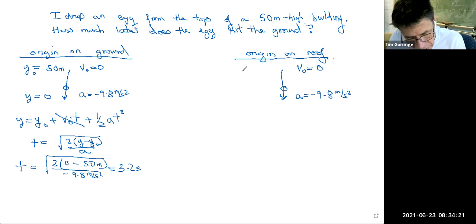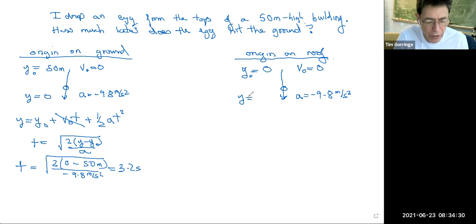Now this time, I'm going to call the rooftop the origin, so y0 equals 0, and then y, the final location, the ground, will be minus 50 meters. If the rooftop is the origin and we've chosen upwards to be the positive direction, then the egg is moving in the negative direction and its final coordinate will be negative rather than positive.